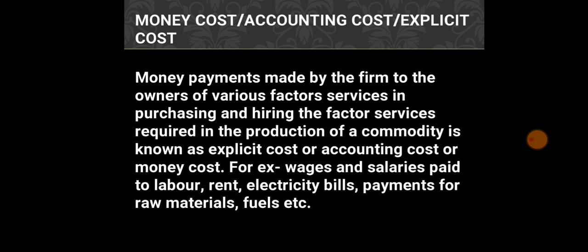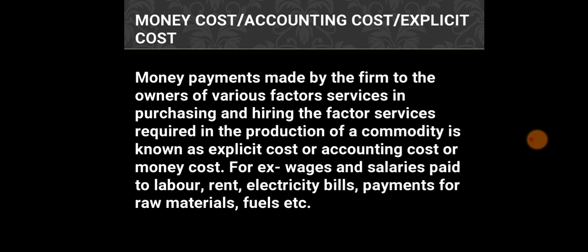For example, the firm owner employs workers, so he has to pay some money for their contribution. He pays wages and salary. That is a cost for the employer or the firm owner, so it comes under money cost. He not only pays the laborer, but he also rents machineries, factories or sometimes office buildings.